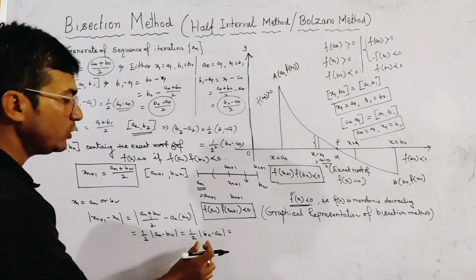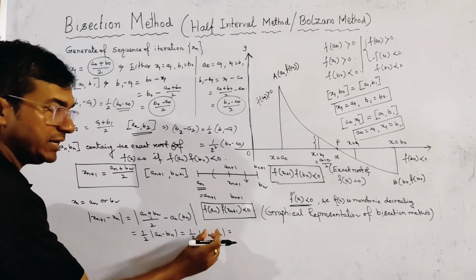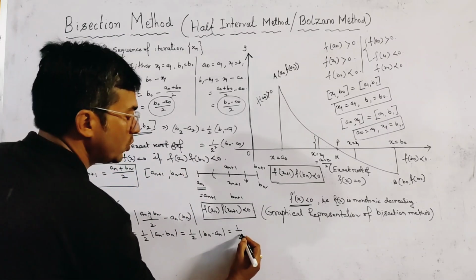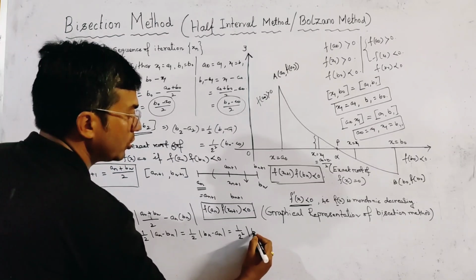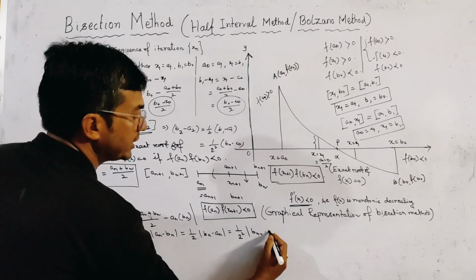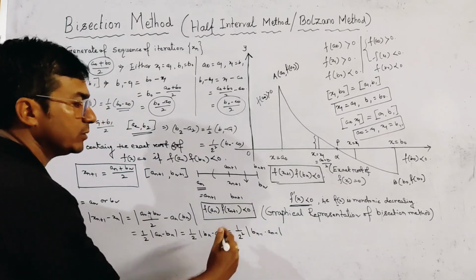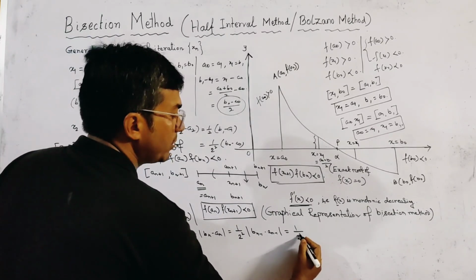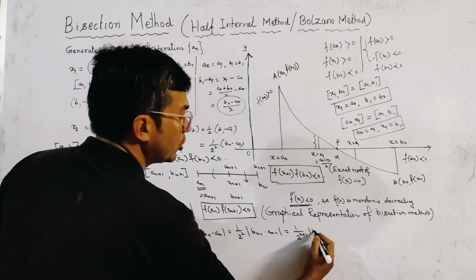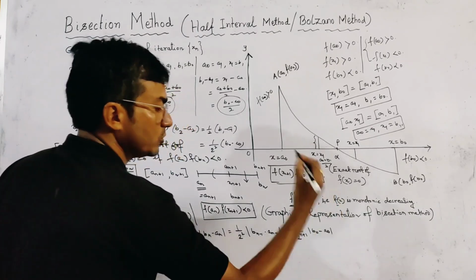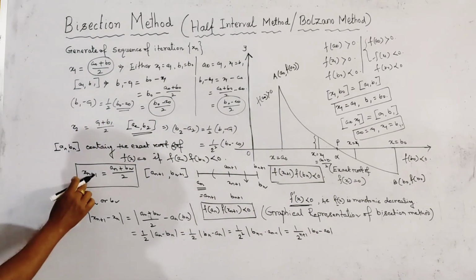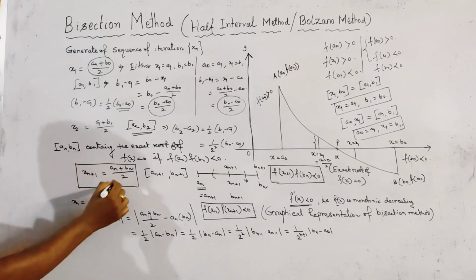If we put the value of bn minus an in terms of the previous interval, we get 1 by 2 to the power 2 into mod of bn minus 1 minus an minus 1. Proceeding in this way, we get half to the power n plus 1 into mod of b0 minus a0.